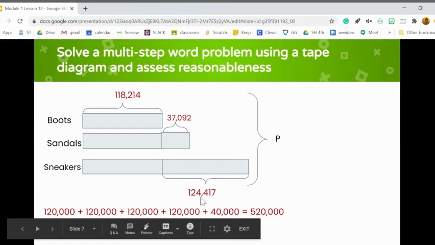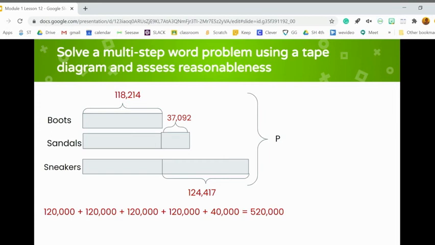Then I'm going to say 124,417 rounded to the nearest 10,000 is still about 120,000. And then I could say that 37,092 rounded to the nearest 10,000 is about 40,000. And when I add up all of those estimations together, that gives me a total of 520,000.